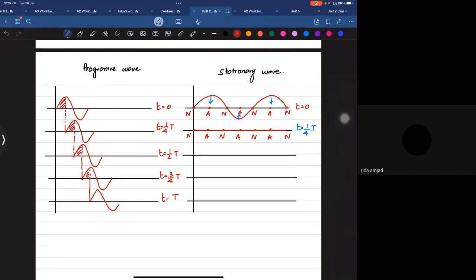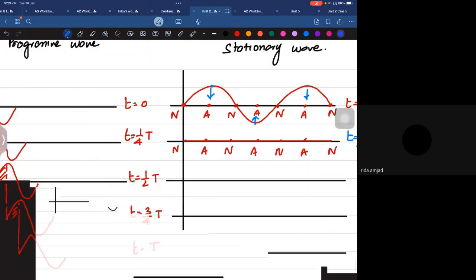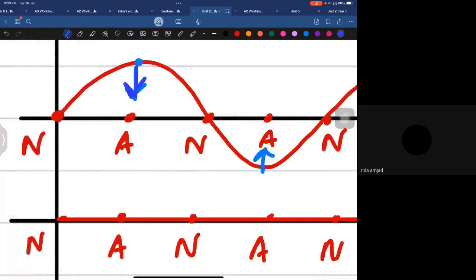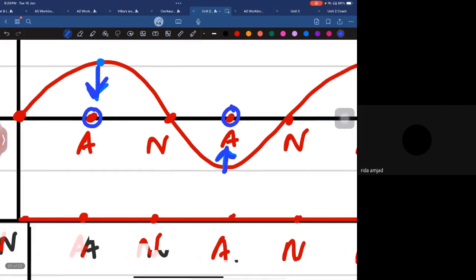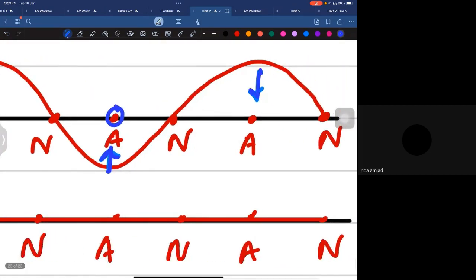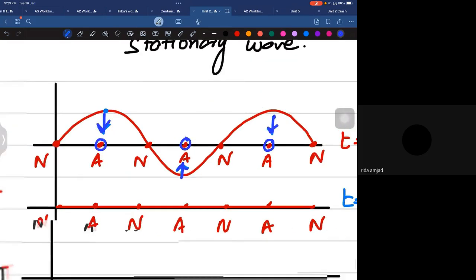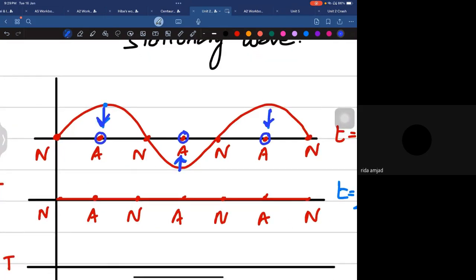Sir, can you explain it again? Yes. This antinode, as you can see, will come down, right? So after a quarter, it will come here. This one is going to go up because it's already at the bottom, so it will come here. And this one will come down from the top, it will come here. Nodes cannot move, only antinodes can move.